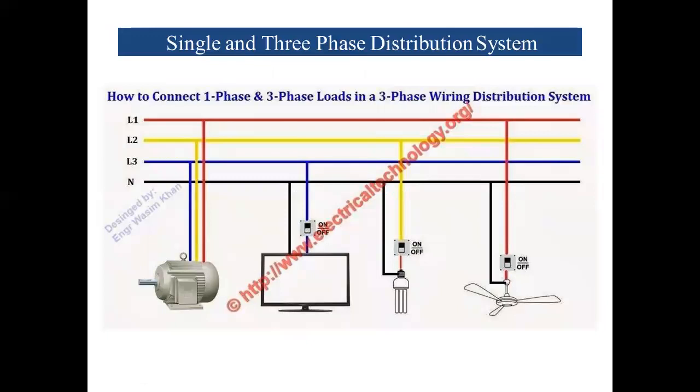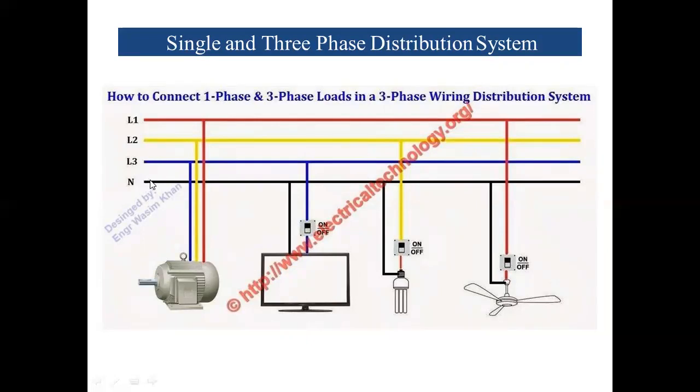And this diagram shows how you distribute the single phase and 3-phase supply. Dear students, here you can see L1 is a live wire, R; L2 live wire, Y; L3 live conductor, that is B. RYB indicates red, yellow, and blue.